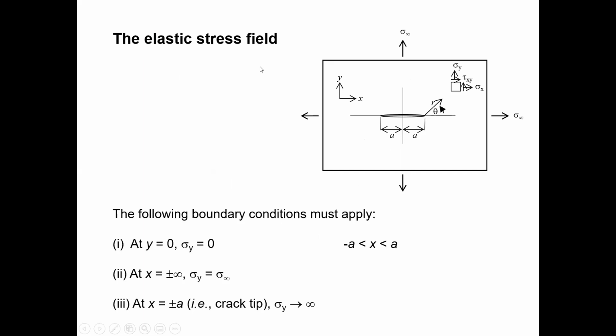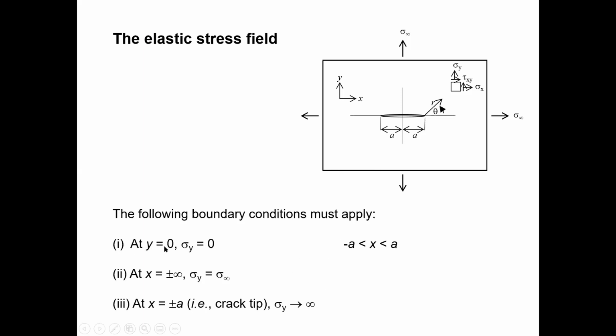Then the elastic stress field has the following boundary conditions. If you know the Fourier transformation and differential equation theories, you need some boundary conditions to find some constant values. These are the values we use as boundary conditions.